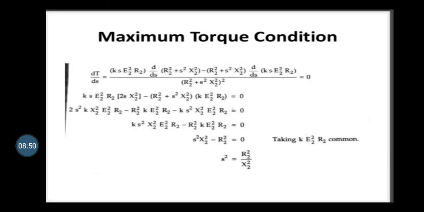Now for getting the maximum torque condition, we have to differentiate the torque equation. By differentiating the torque equation, we get S square is equal to R2 square upon X2 square. This is the condition at which we can get the maximum torque of the three-phase induction motor rotor.